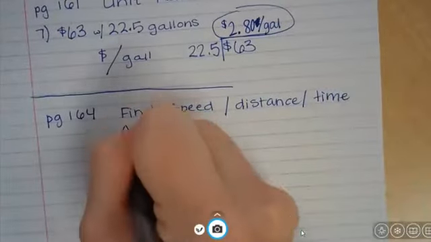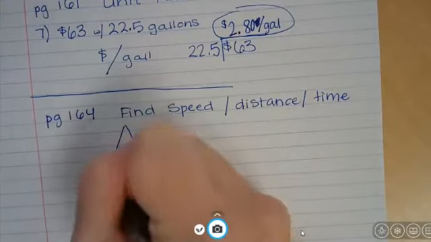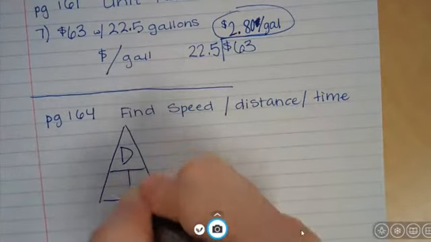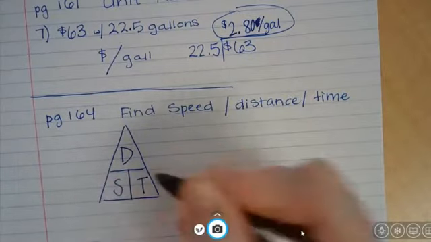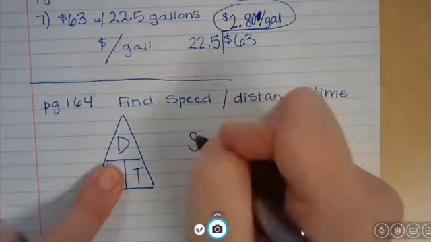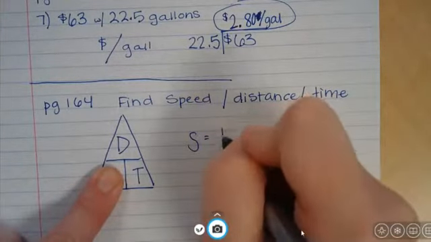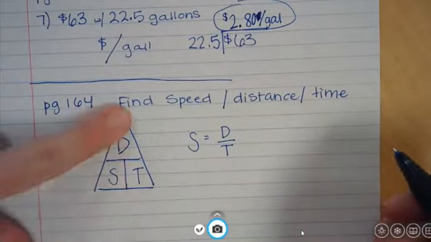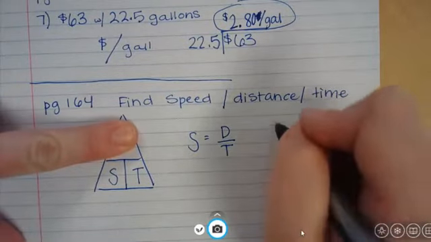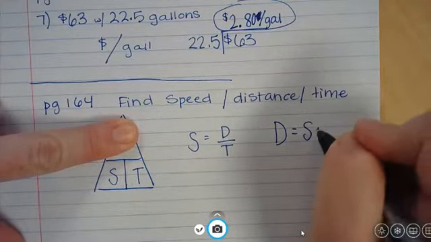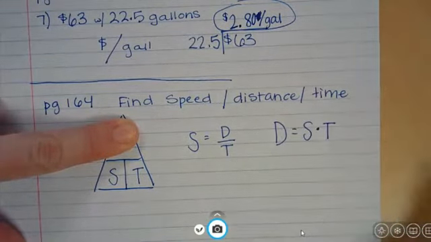You guys know we have our triangle that you need to know, and we have distance on the top, speed, and time. If you were looking for speed, you'd cover up the speed, and your formula would be distance divided by time. If you were looking for distance, you'd cover up the distance, and your formula would be speed times time.